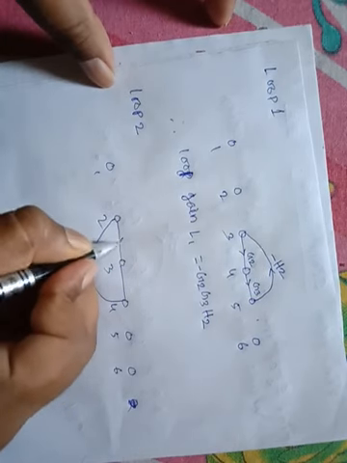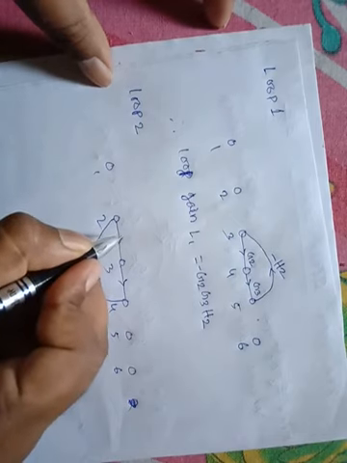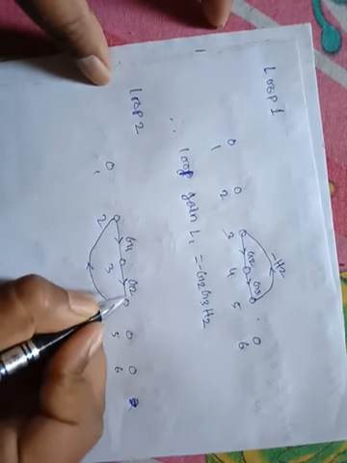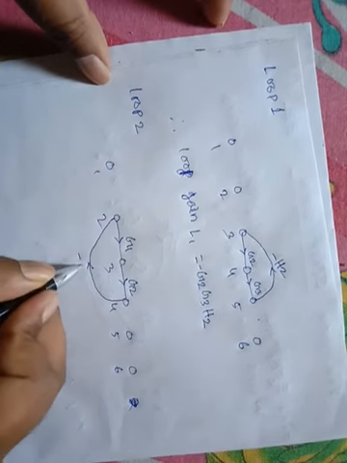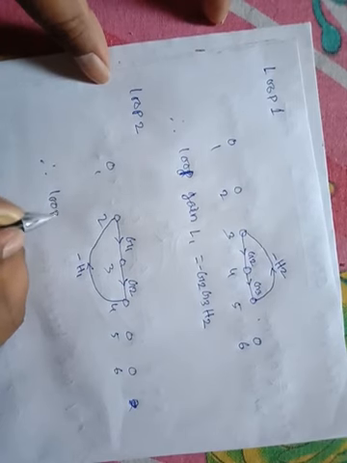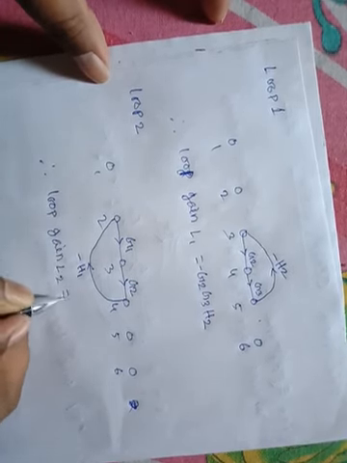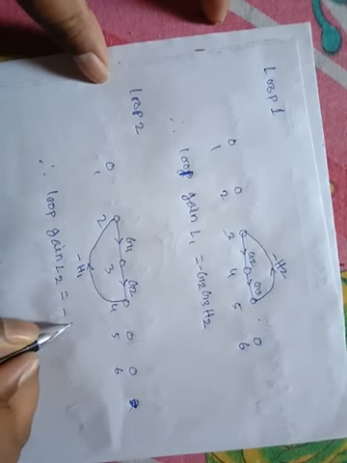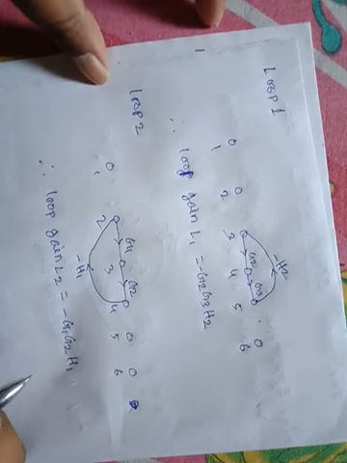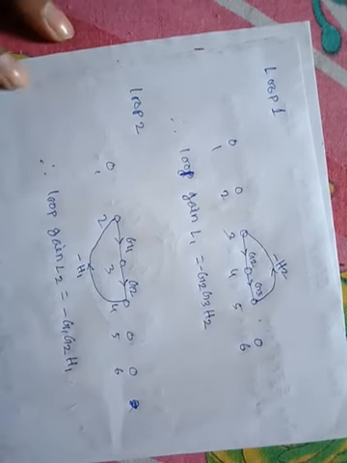The transfer functions are G1, G2, and the feedback element is H1. Therefore loop gain L2 is equal to minus G1 G2 H1, the product.